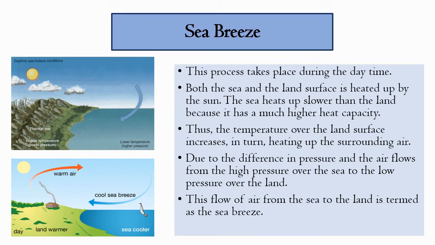Thus, the temperature over the land surface increases, in turn heating up the surrounding air. Due to the difference in pressure, the air flows from the high pressure over the sea to the low pressure over the land. This flow of air from the sea to the land is termed as sea breeze.